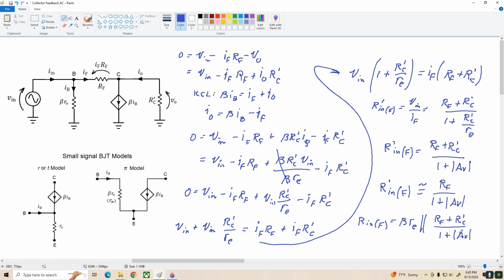Sometimes we call AV with no feedback the open loop gain A sub OL. That means open feedback loop gain. And sometimes you'll see this 1 plus AOL. But anyway, there is our input resistance equation for this circuit.